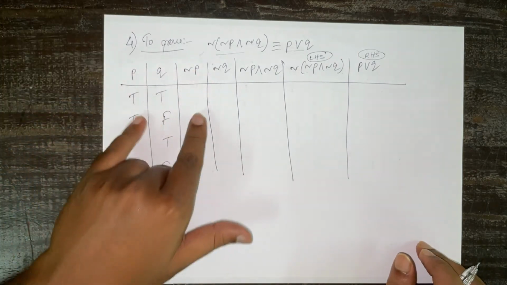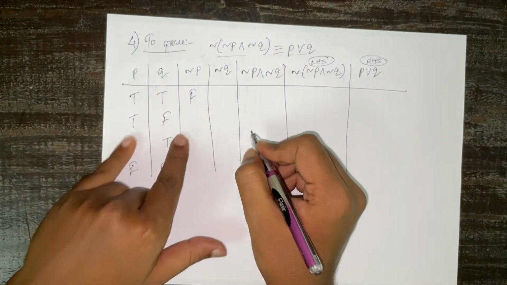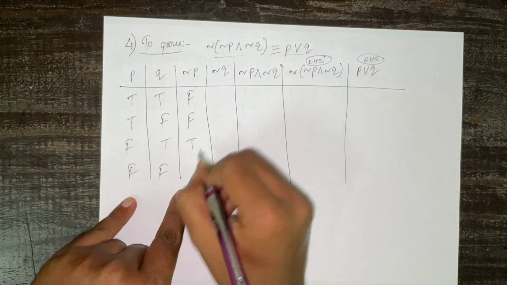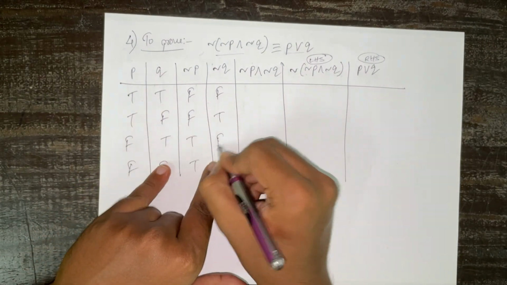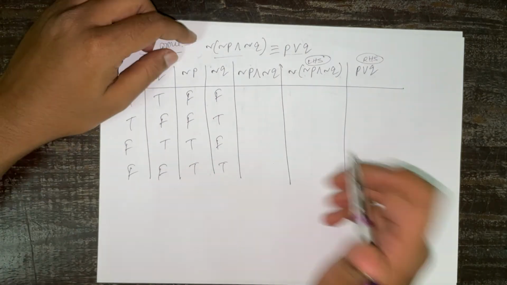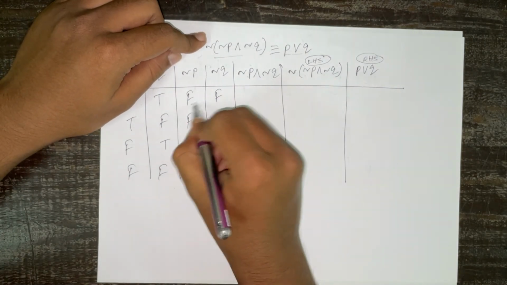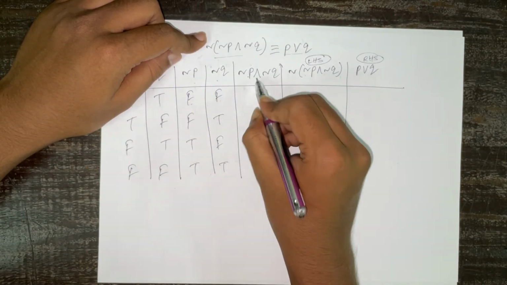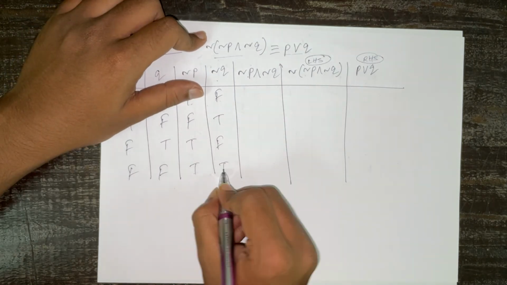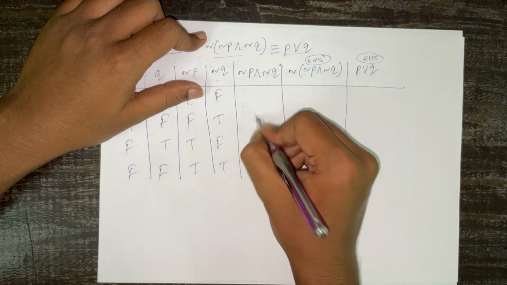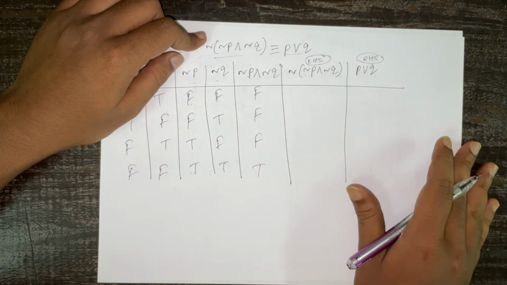So negation of p, that means it is going to be false, false, true, true. Here negation of q, it is going to be false, true, false, true. Okay. Now negation of p and negation of q means these two conjunction. Conjunction means only true is going to be true. So if both are true, this is true, otherwise these are all false. Simple.